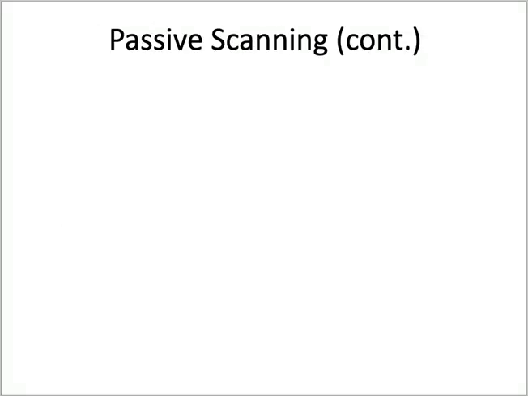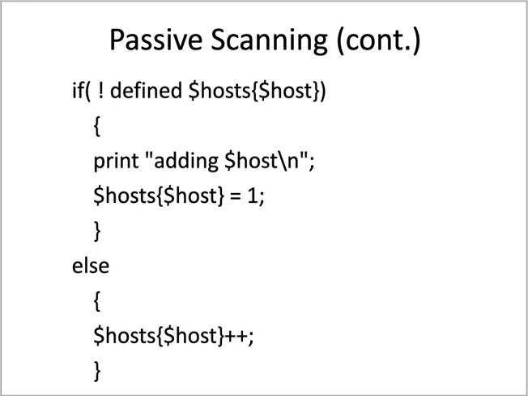Now what I did is I went through and looked at host names or IP addresses that I saw, and I said if I don't have that in my associative array called host, associative arrays were converted into dictionaries, but they're the same kind of data structure in Python and Perl. If I didn't find that host, I would add it to my associative array and set the count of the number of times I've seen that machine to 1.